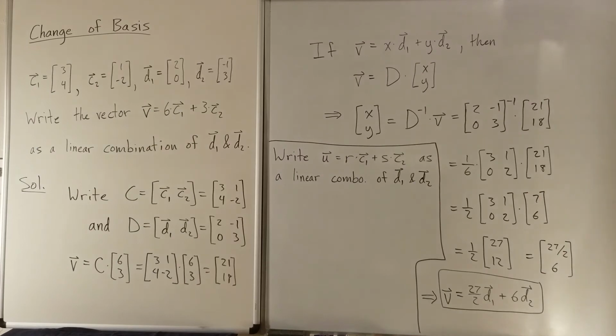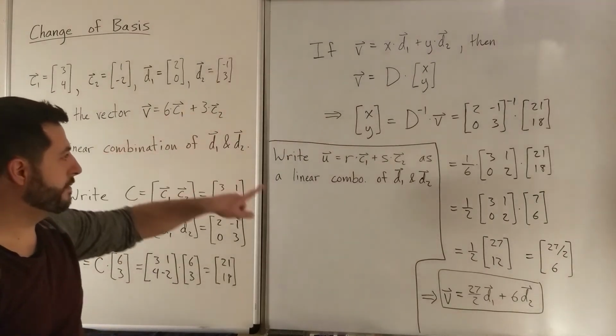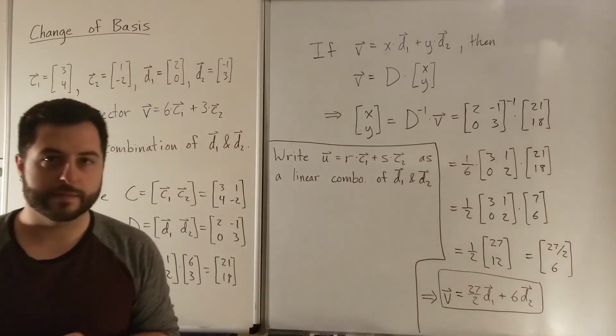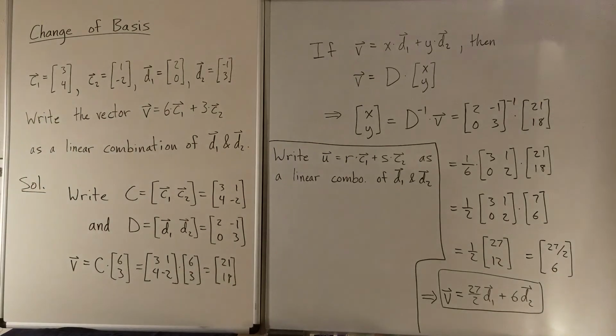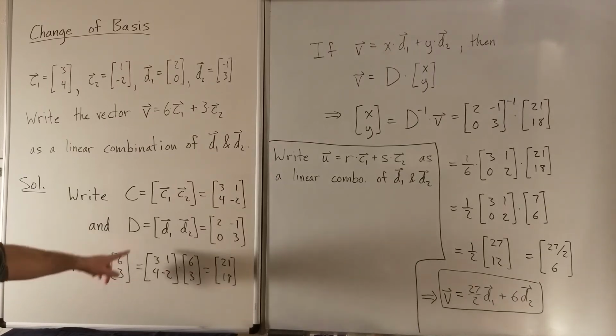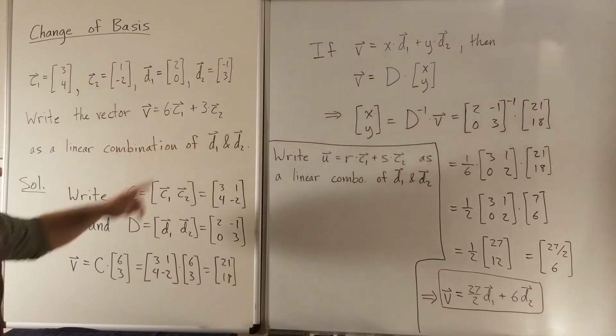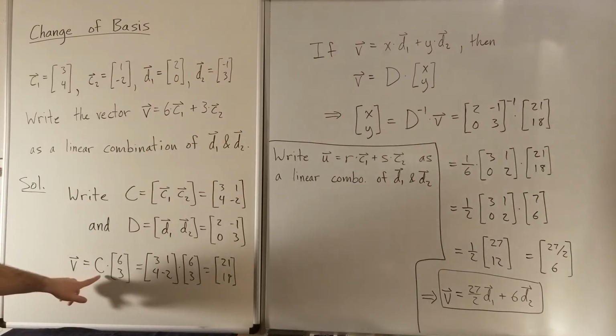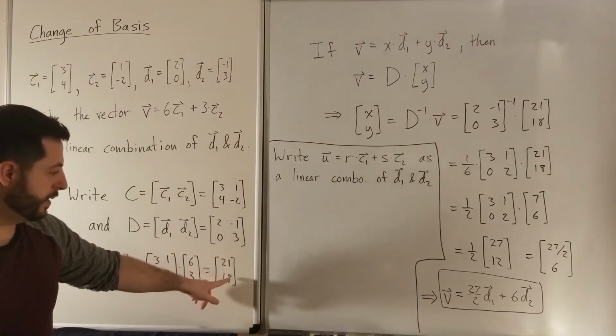Same problem, except I've made this 6, 3 an R and an S, just to make it more general. Okay, and I just want to generalize the process that we just went through and point out what we did. So we took this V, which was 6, 3 written in the C basis, and multiplied by C and wrote 21, 18.